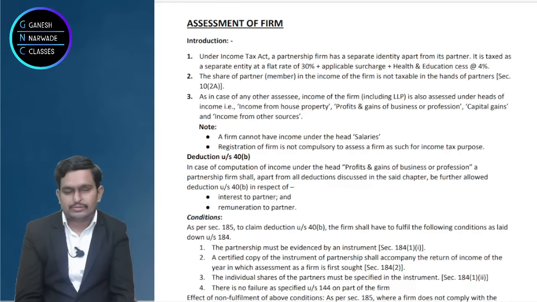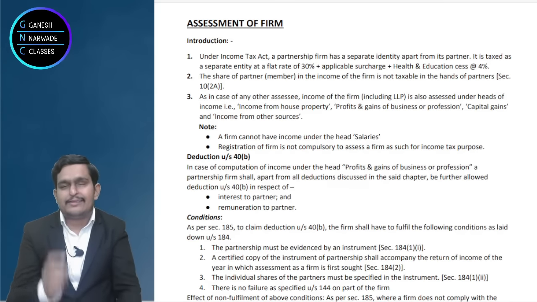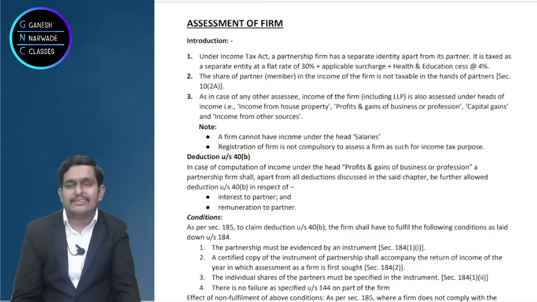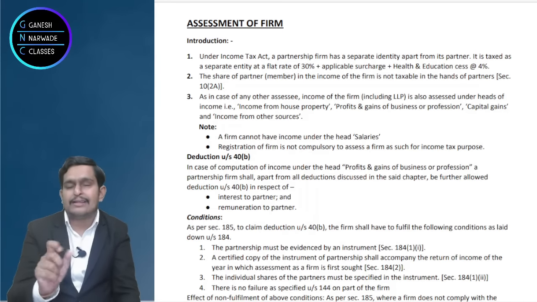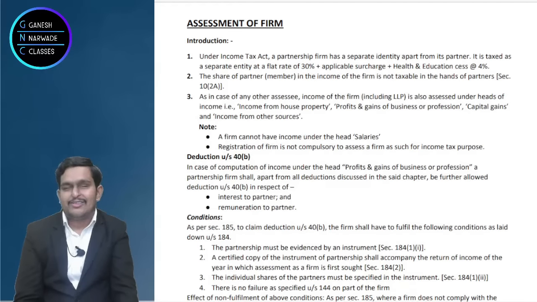The answer is no. That's why, under section 10 subsection 2A, whatever share of profit the partner receives from the firm is fully exempt from tax. Why is it exempt?